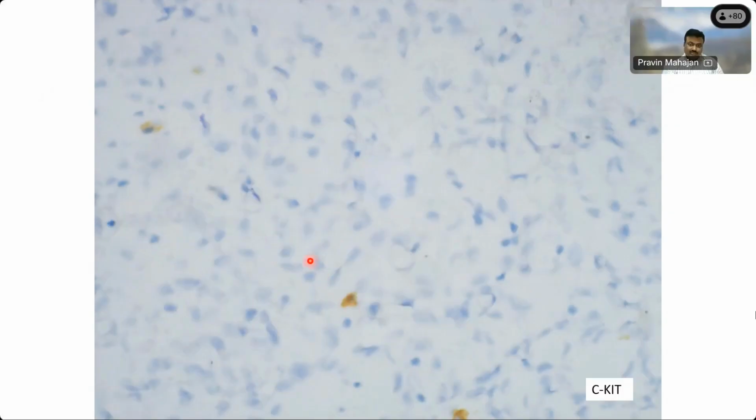That acts like your internal control also. So CKIT is negative. DOG1 is also negative. Whenever CKIT-negative GISTs are there, they are going to be DOG1 positive. So both are negative, very, very unlikely it exists.